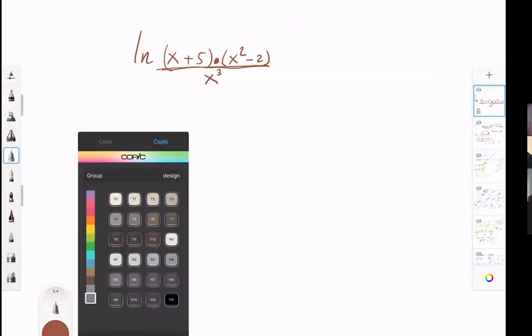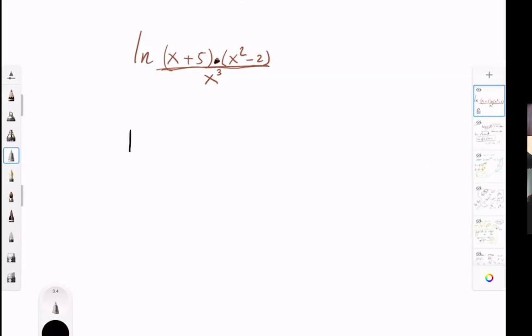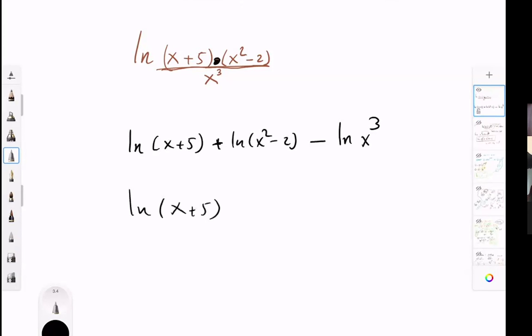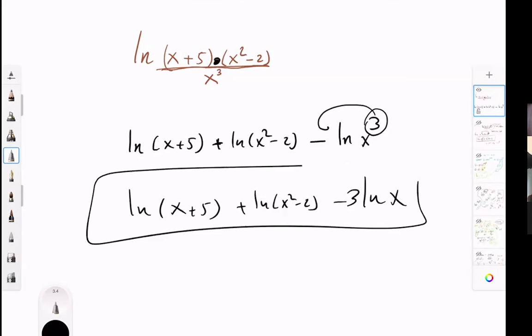So here's a multiplication. I'm going to write ln of x plus 5, plus ln of x squared minus 2, multiplication becomes addition, minus ln of x cubed. So ln of x plus 5 plus ln of x squared minus 2 minus, the 3 goes here, 3 ln of x. If you make it a product again, you will get back to the original.